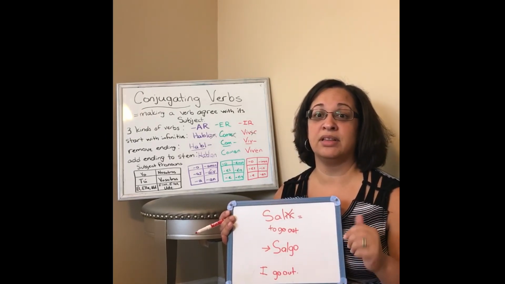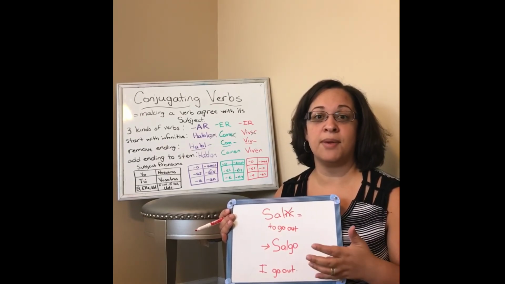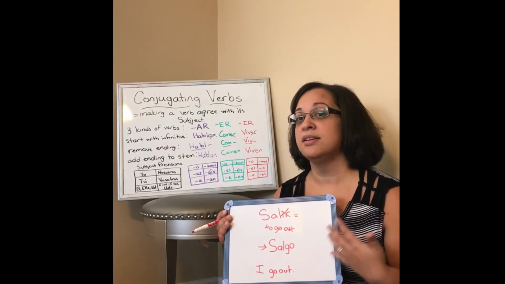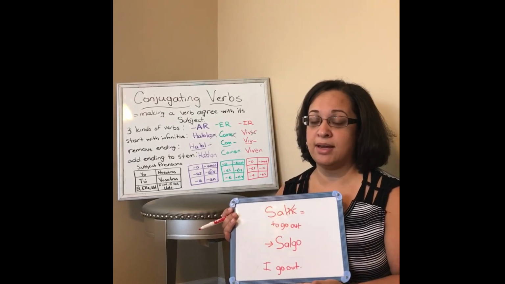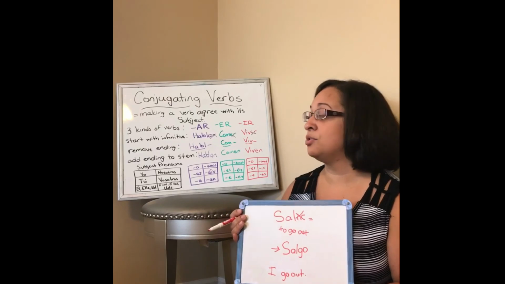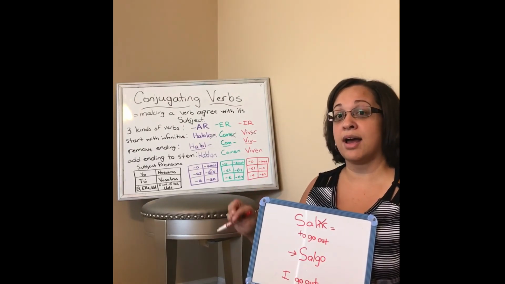So again, if you have any questions, go ahead and look on the website. I will have links on additional videos that you can watch. If not, come prepared with your questions and we'll discuss them tomorrow in class, and we'll have plenty of practice time. But in the meantime, go ahead and begin reviewing your verb endings. Make sure that you understand that there are 3 categories. You have AR, ER, IR.